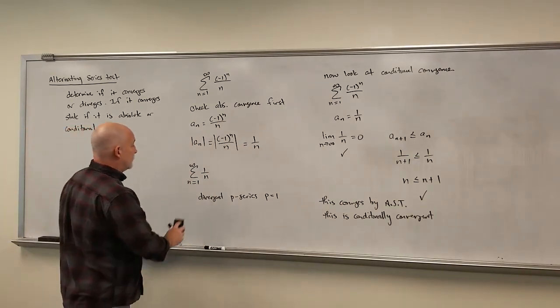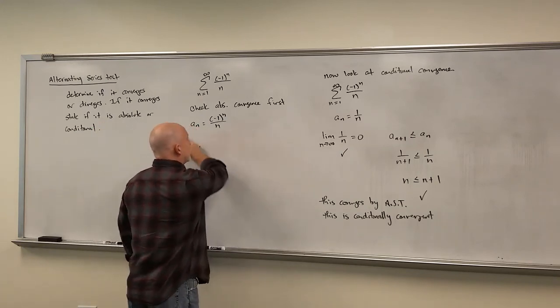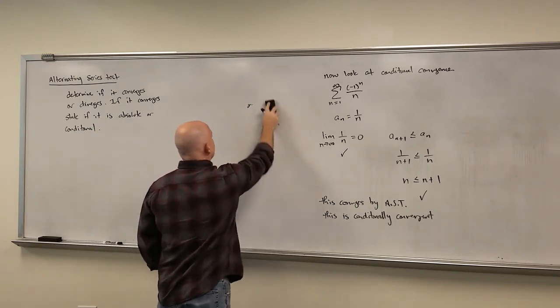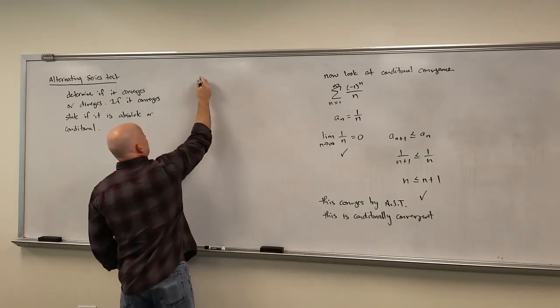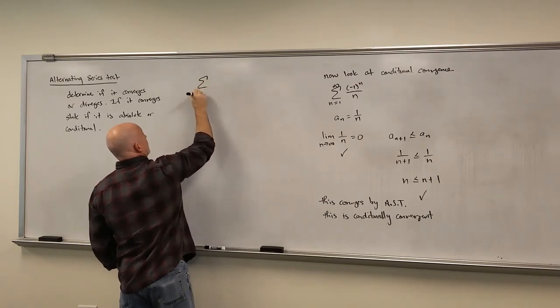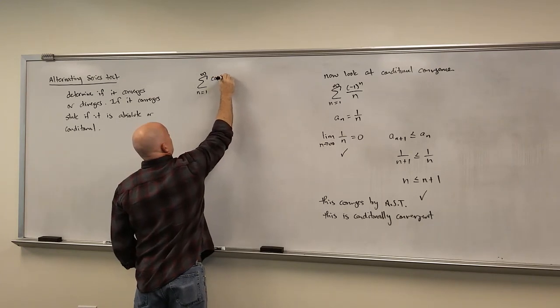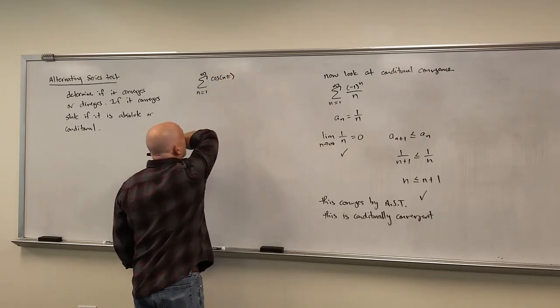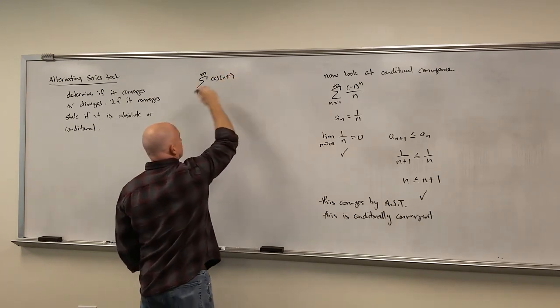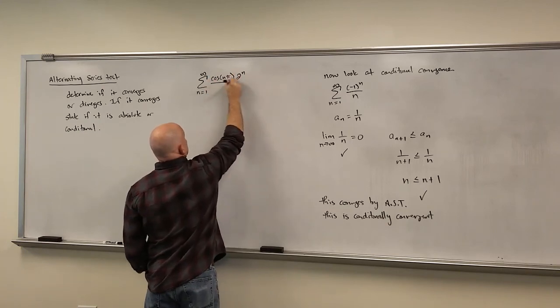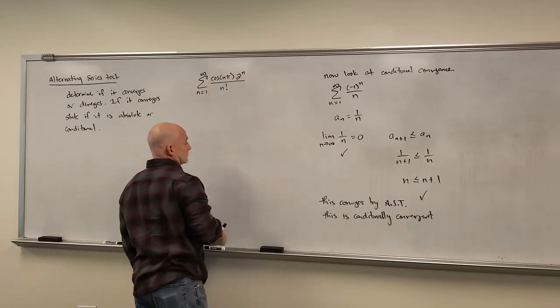All right, let's maybe do one more here. Let's make it a little bit more messy, at least algebraically, since we had two pretty easy ones there. What if I had something like the sum n equals 1 to infinity, let's do cosine n pi, 2 to the n over n factorial.